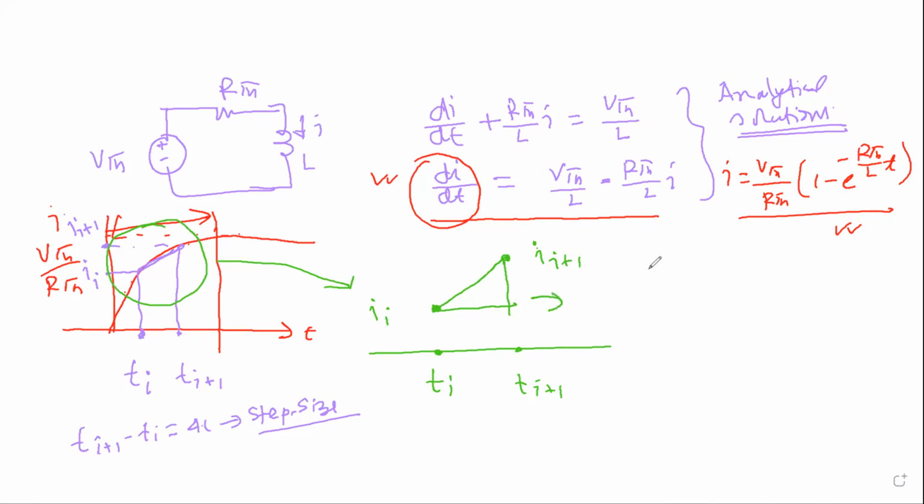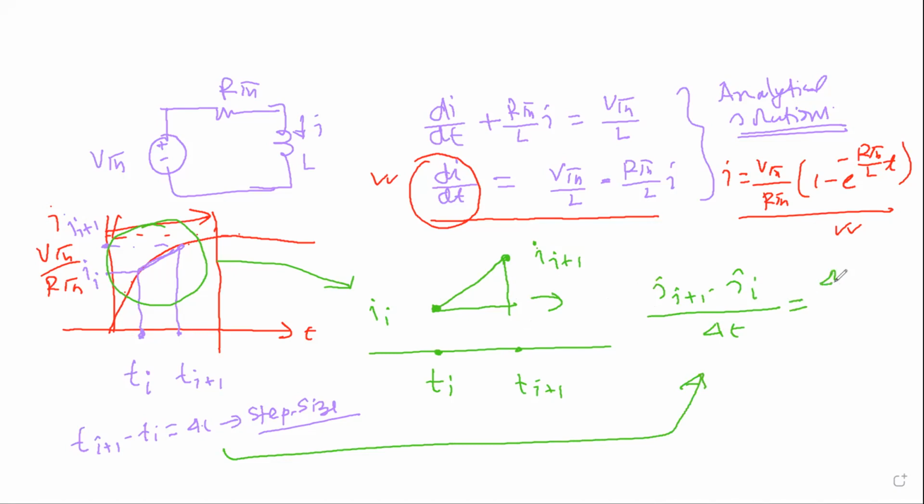Your slope would be equal to what? Your slope would be equal to i plus 1 minus i divided by del t, where del t is equal to this. So this can be thought of as del i divided by del t, an approximation for the derivative at the point i.